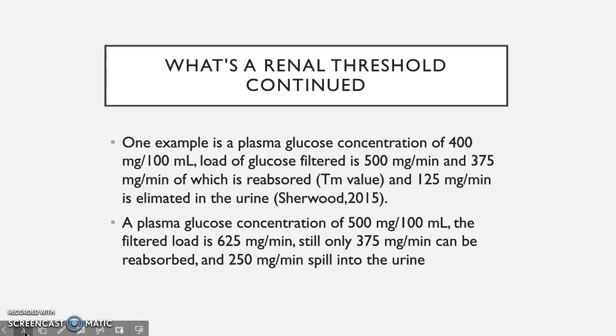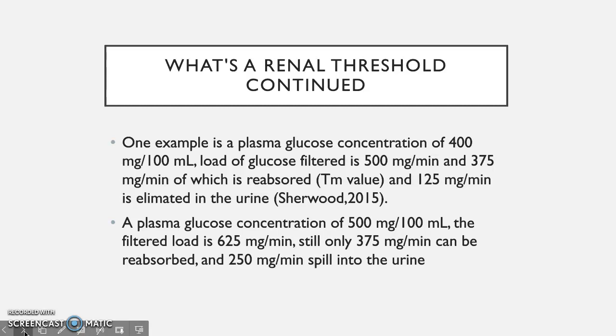With a plasma glucose concentration of 500 milligrams per 100 milliliters, the filtered load is 625 milligrams per minute. Still only 375 milligrams per minute can be reabsorbed, and 250 milligrams per minute will spill into the urine.